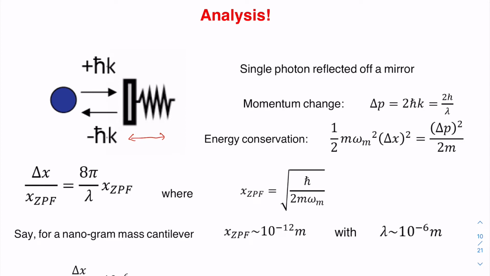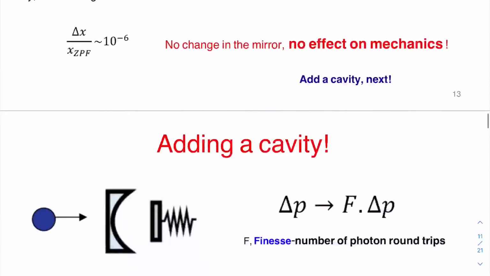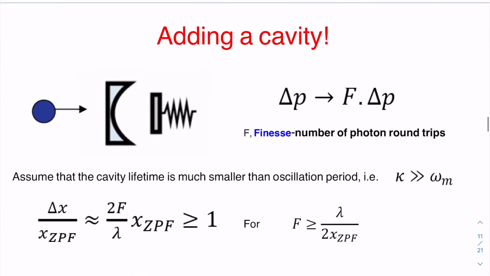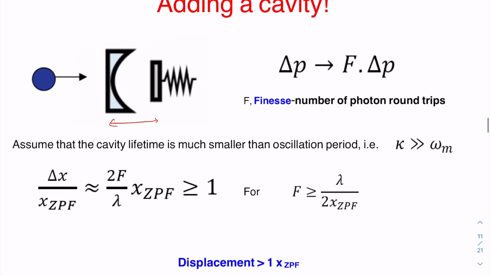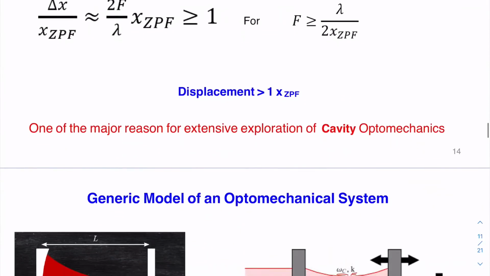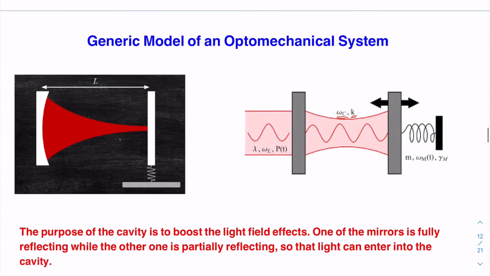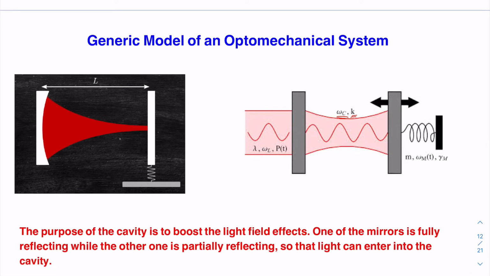In order to observe quantum effects, the displacement of this mirror has to be greater than the displacement due to the vacuum fluctuation, and from our analysis we see that can be possible if we put another mirror. That means we make it a cavity, and this is the reason why this cavity system is so popular and so effective.